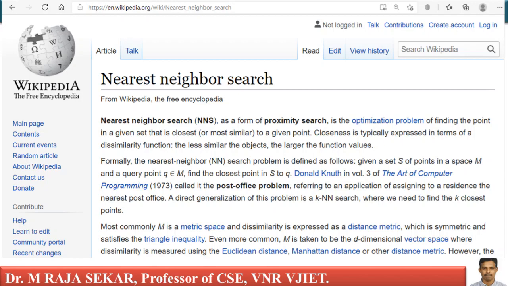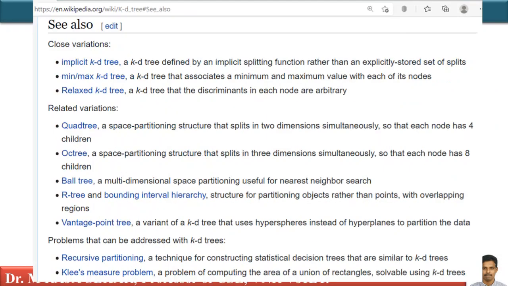And let's look at some variations of KD tree. There are different variations of KD tree. Just observe this particular slide, just see what it says. What we have seen is a simple KD tree.